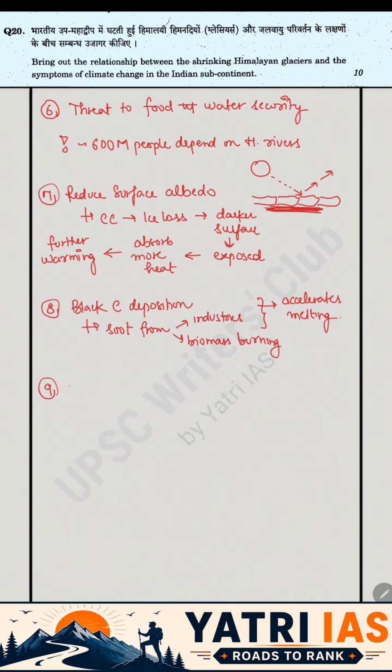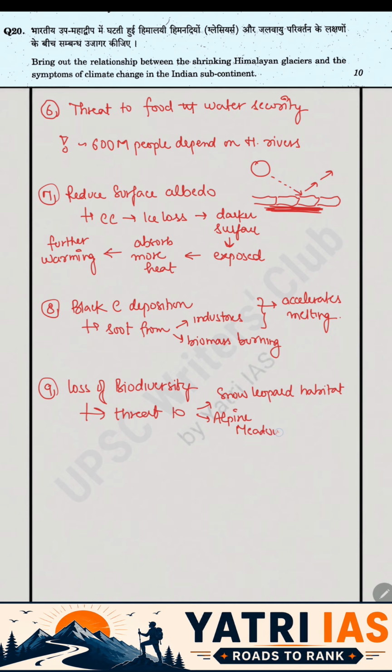Then you would also mention loss of biodiversity. With rising temperature and glaciers melting, this is a threat to the snow leopard habitat, alpine meadows.